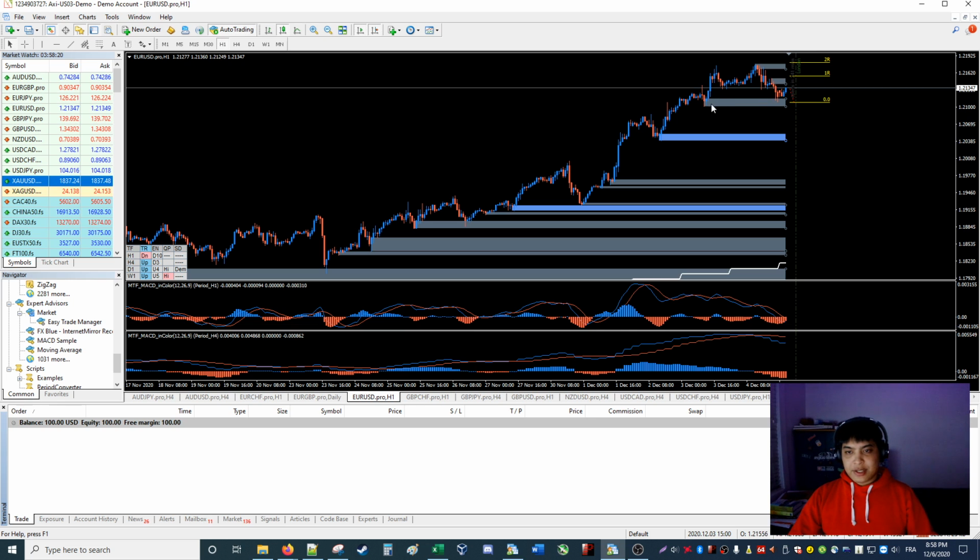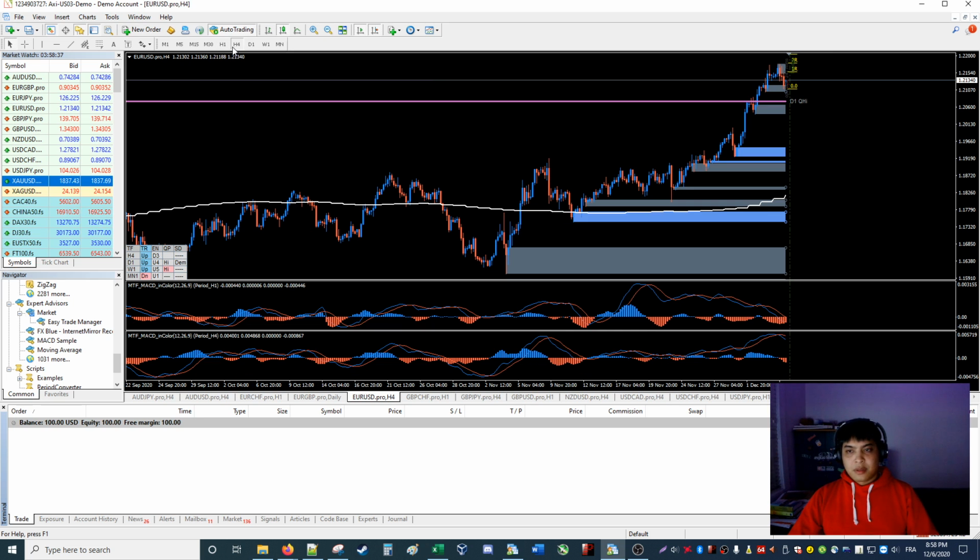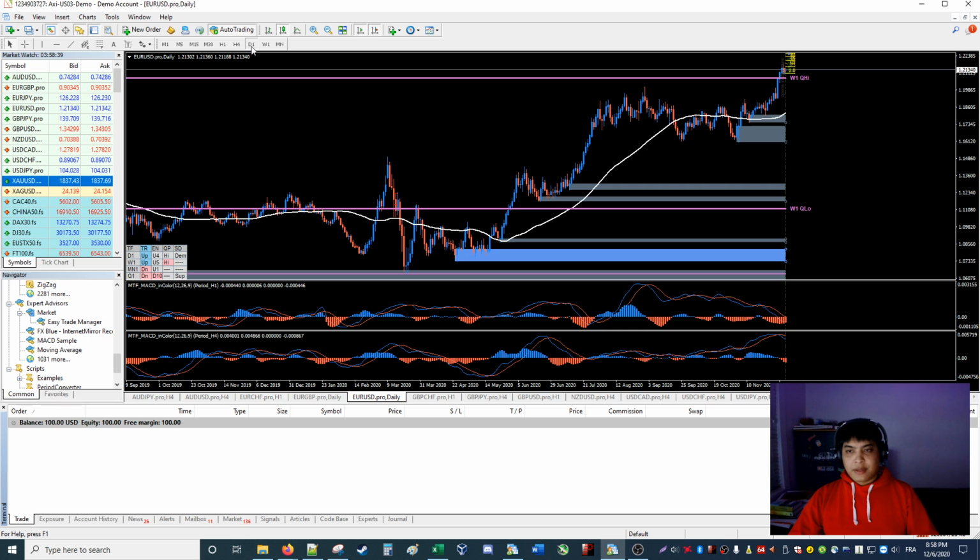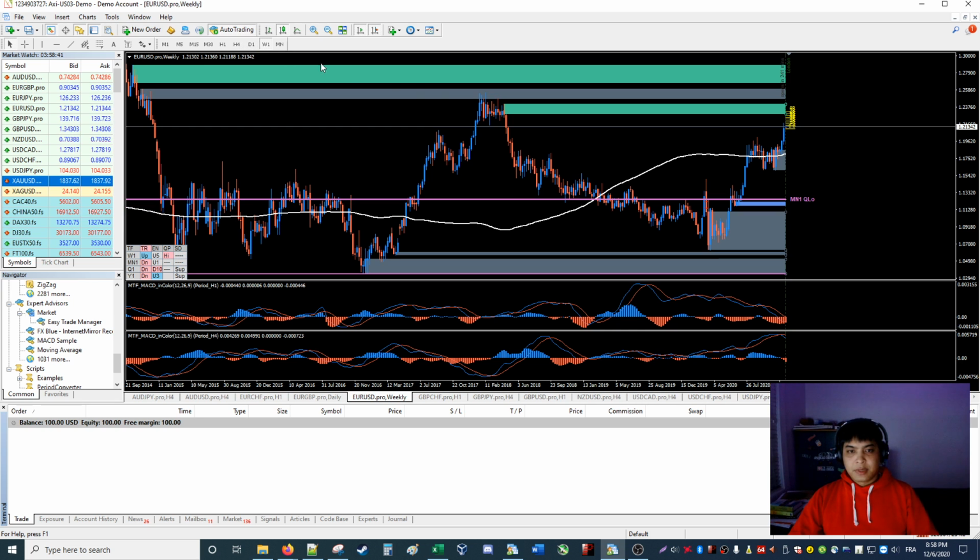See, it touched the support zone and then it touched this again and now it wants to go up for now, and it's 4 a.m. in Europe, so in a couple hours I think we can go up.